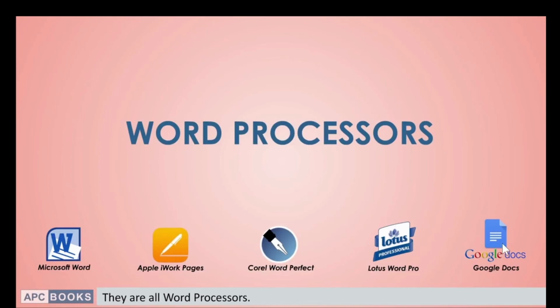But all these programs are called word processors. So when they ask you what type of software is Microsoft Word, you say, Microsoft Word is a word processor. Give an example of a word processor or a word processing program. Your example is simple, Microsoft Word.